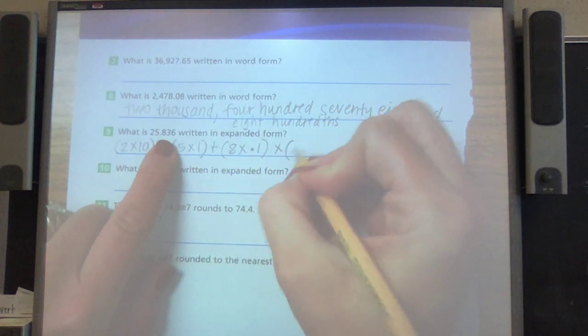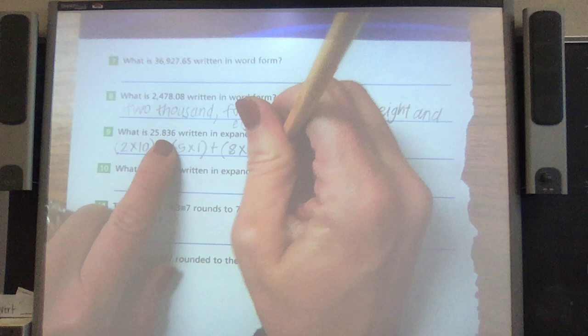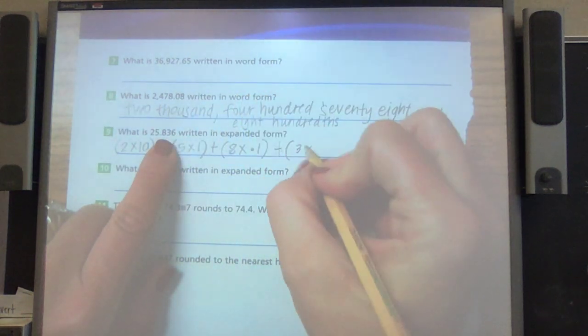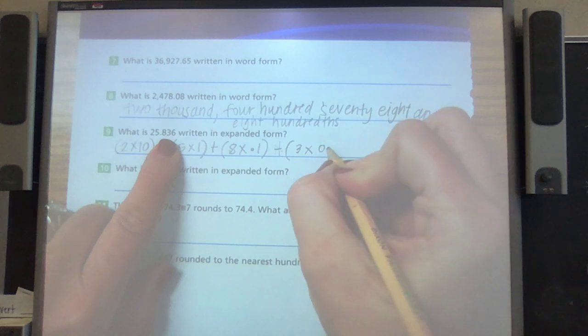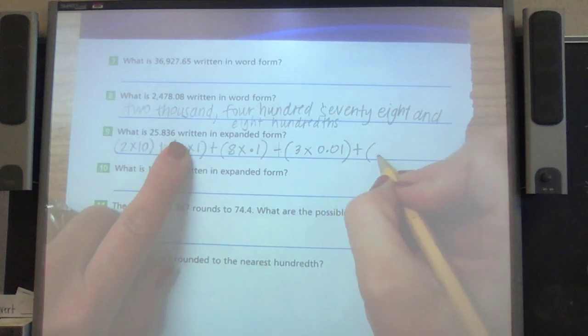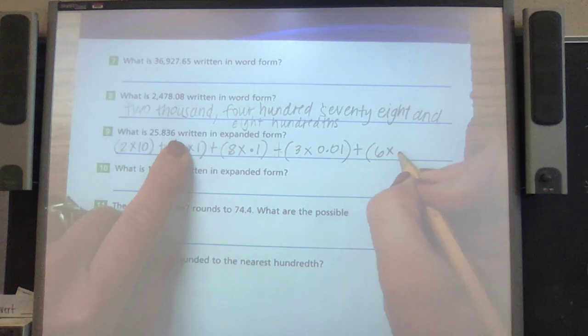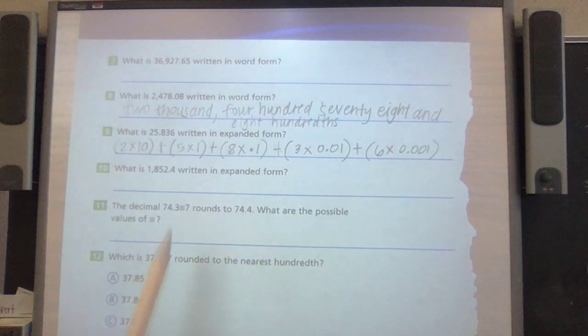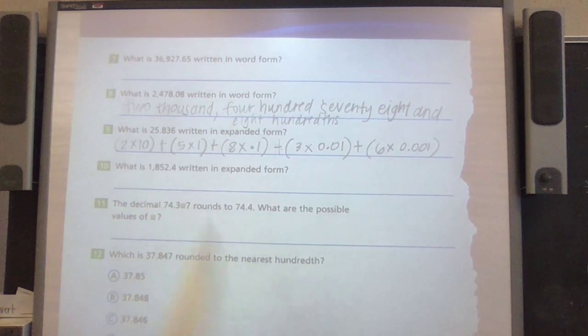This 3, this is a plus sign, is in the hundredths, 2 digits. And this 6 is in the thousandths place. Okay. You need to write this one in expanded form.